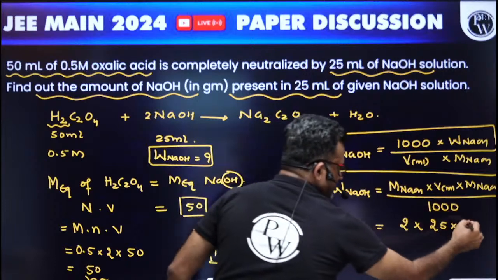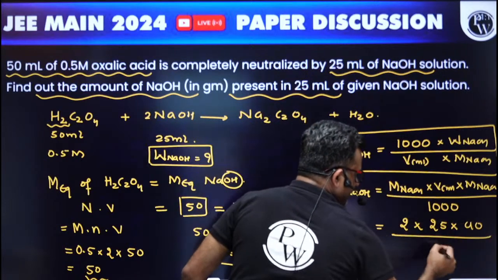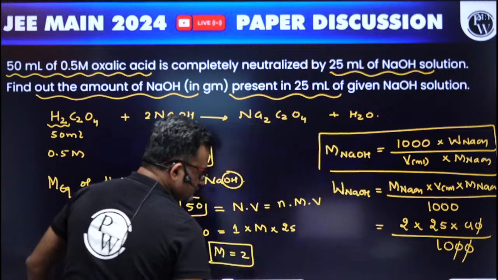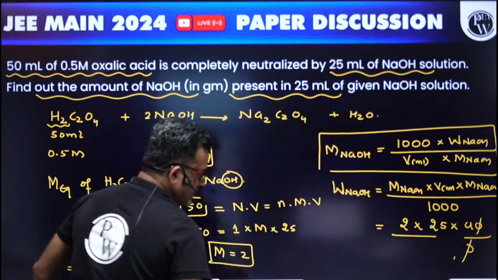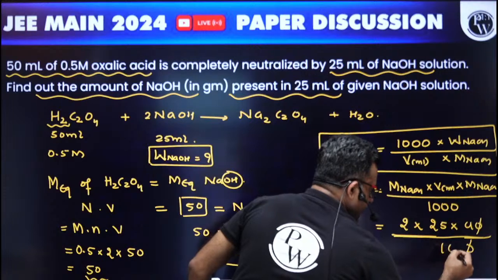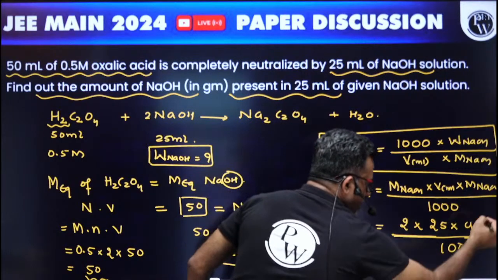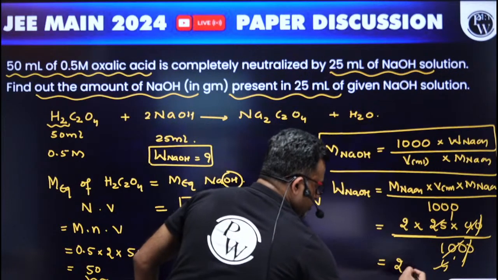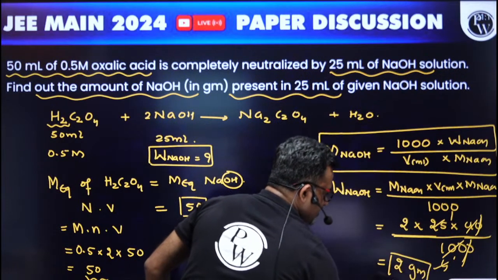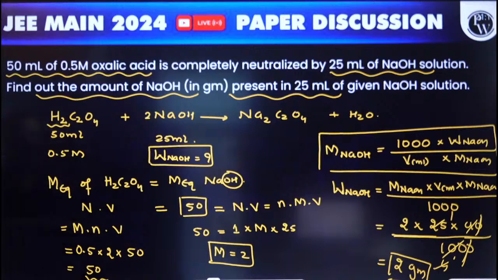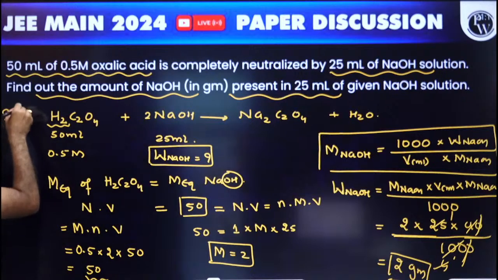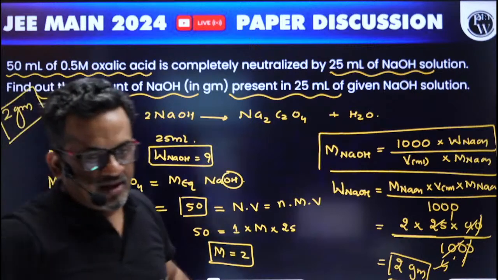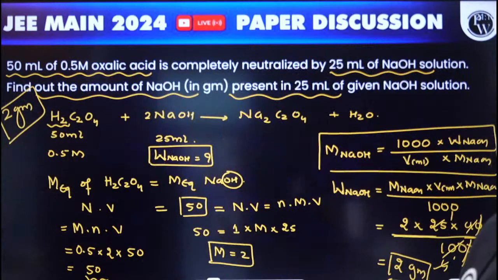Molecular mass of NaOH is 40, divided by 1000. 2 zeros, sorry, 1 zero, I am left with 100 here. So 25 ones are 25, 4 ones are 4. Your answer is 2 gram. Is that clear? The answer for the mass of NaOH is 2 gram. Got it, students? Great.